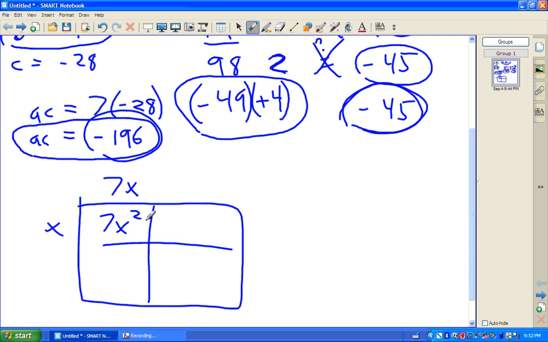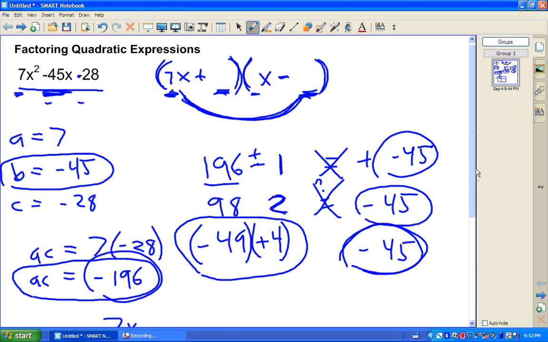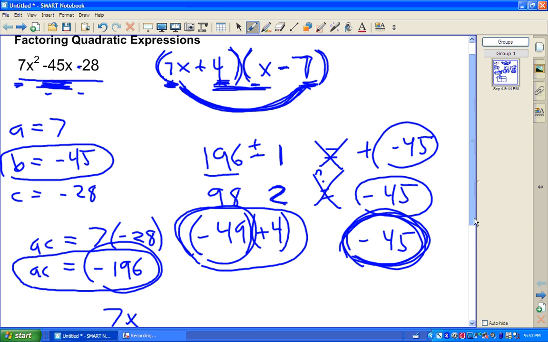Now I've decided that over here, I think I'm going to have my negative 49, but the 7's already baked in here, so this is probably going to be a 7. So 7 times 7x will give me my minus 49x. The 4 could go here and give me my plus 4x. That's where I'm going to get the minus 45. Plus 4x minus 49x gives me a minus 45x, which is in my problem here.